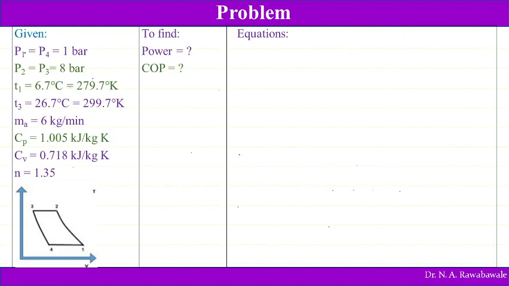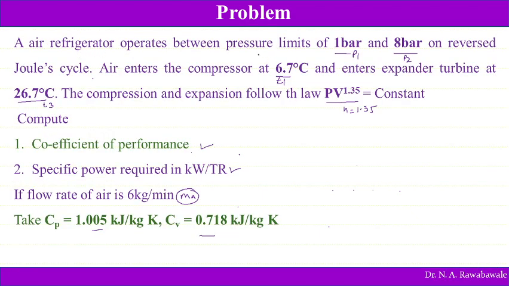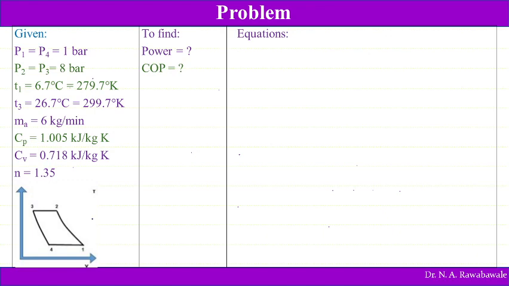So here P1, just see here, the air refrigerator operates between pressures 1 bar and 8 bar. So here P1 is 1 bar and P2 is equal to P3 is equal to 8 bar, P1 is equal to P4 is equal to 1 bar.